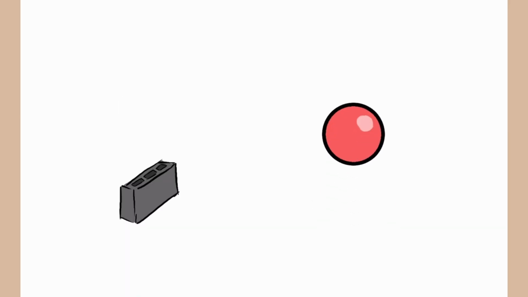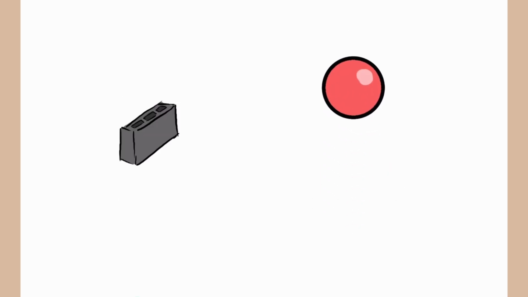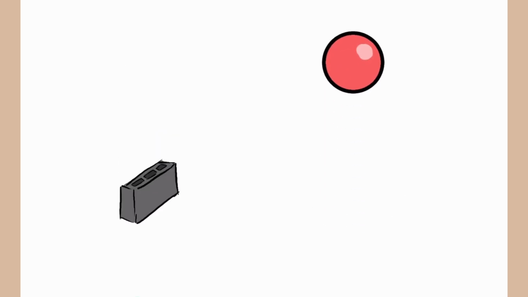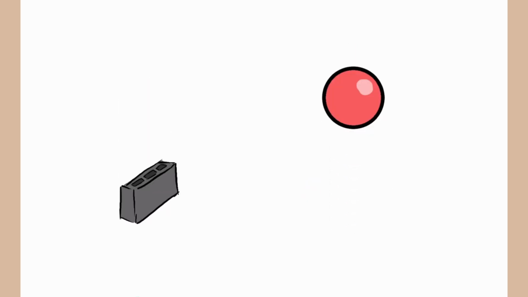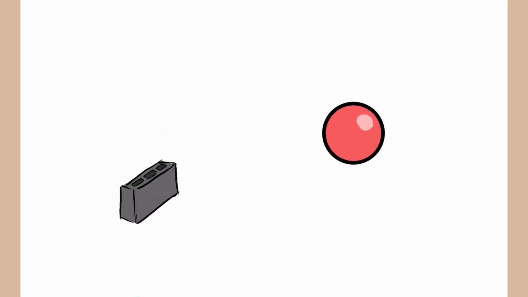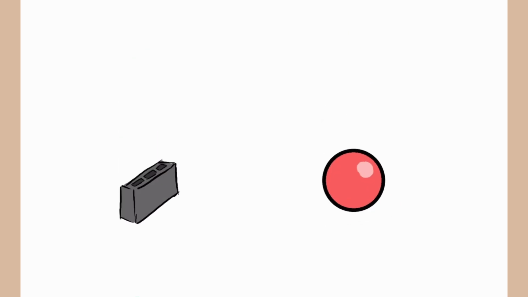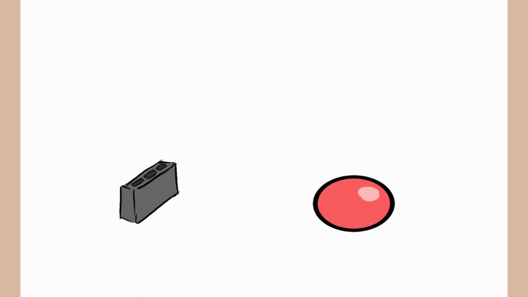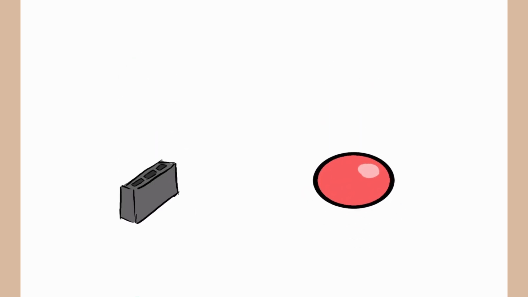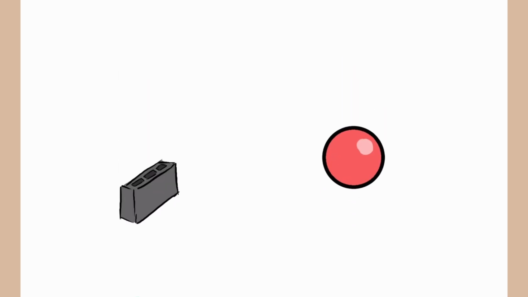Now before we move on to the next big idea for animation, I just want to clarify this thing. You don't have to use squash and stretch all the time. You only need to use it depending on the material or the object that you're animating. In this case, you could see on the right side, it's a red bouncing ball. So you could really see that it applies squash and stretch because the ball is bouncy, stretchy, and maybe soft.